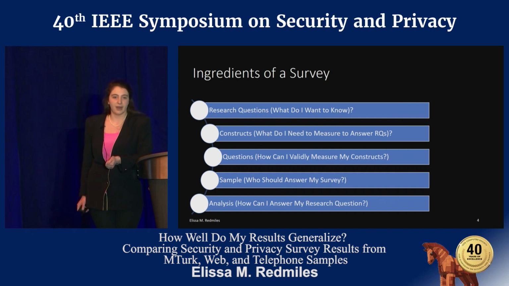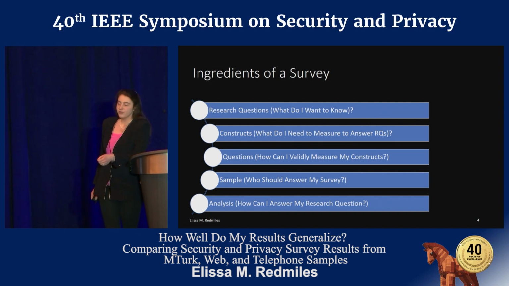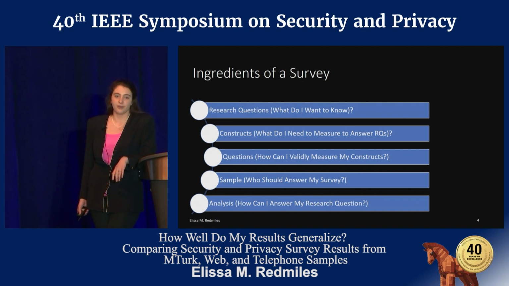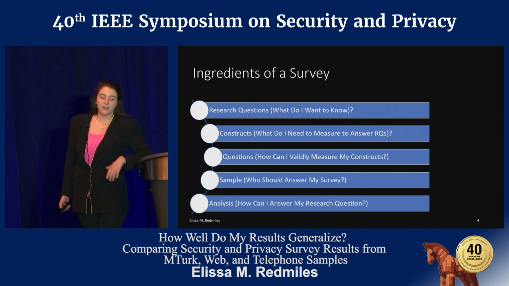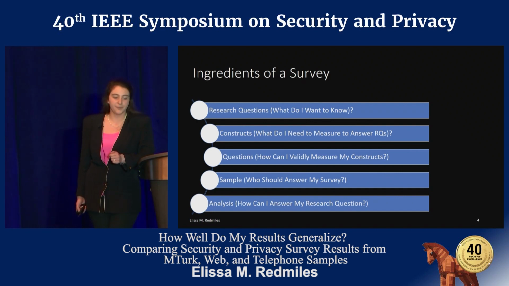In this case, we're going to write some words in order to measure these constructs using survey questions. After we've written our questions, we're going to collect a sample of responses to those questions. We very rarely can ask all of the people that we want to talk to, so we take a subset of them. And finally, we do some statistical analysis to ultimately answer our research questions.